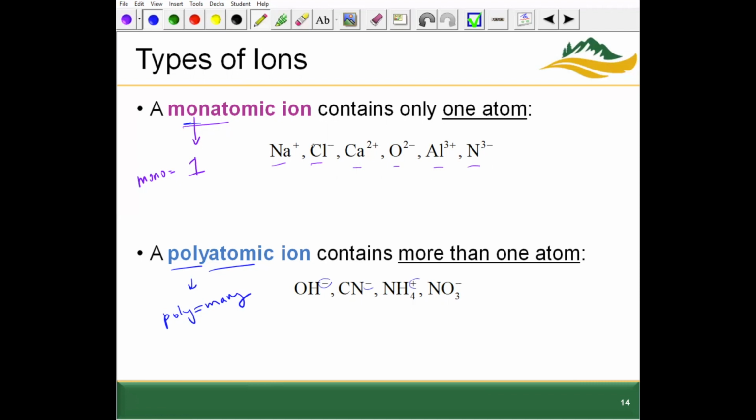Be it positive or negatively charged. A polyatomic ion has more than one atom. For example, here we have this polyatomic anion specifically, that has both oxygen and hydrogen. So this distinguishment will be really important when we get into naming. So monatomic ions, polyatomic ions.